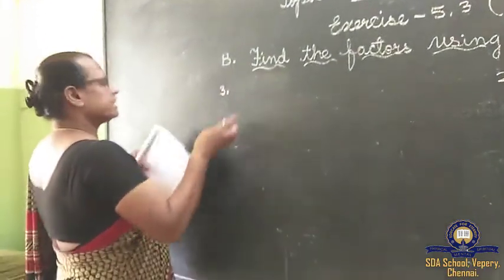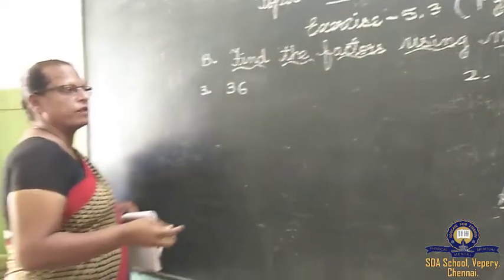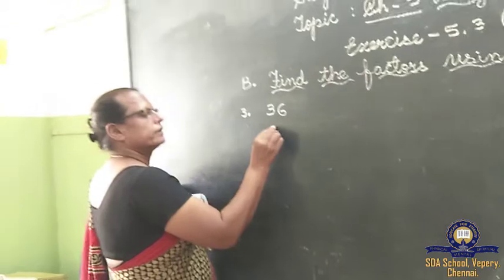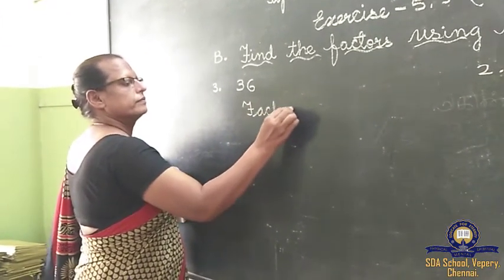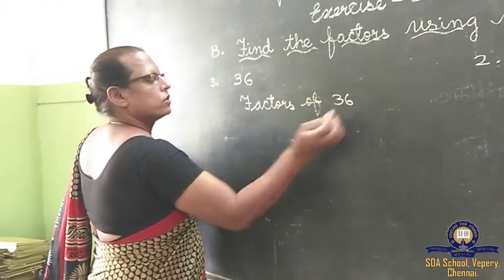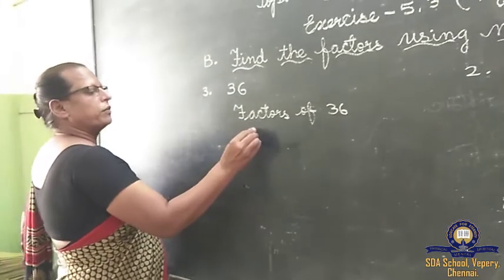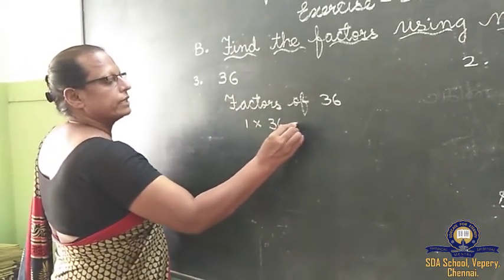The third sum is 36. In which tables does 36 go? Factors of 36. First of all, in the 1 table every number goes: 1 36 is 36.